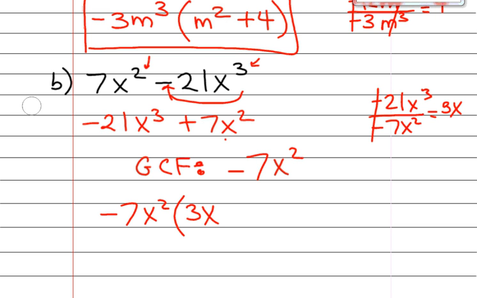Then my second term is 7x squared, and it's a positive 7x squared divided by a negative 7x squared. So actually, everything cancels out. The 7's cancel, the x squareds cancel. If everything cancels, you're not left with 0. Make sure you get that. You're not left with 0. You're actually left with 1.